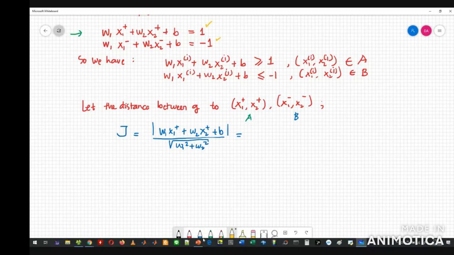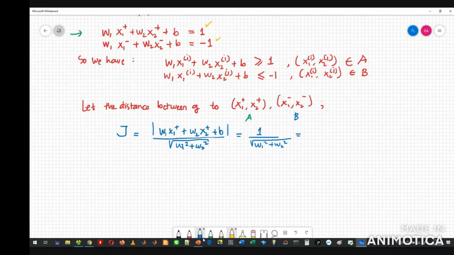So we have 1 divided by the radius of the weighting parameters, w1 square plus w2 square.